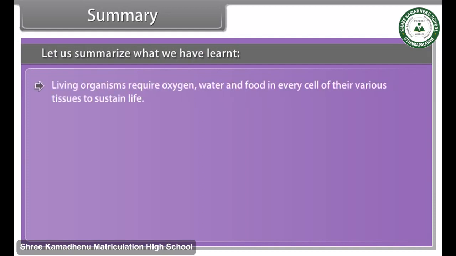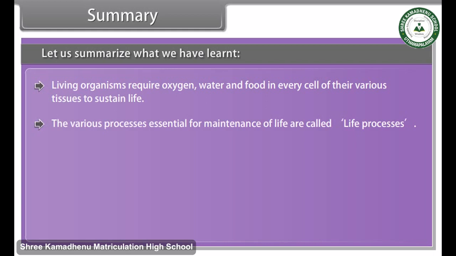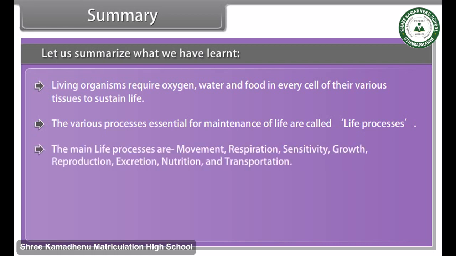Living organisms require oxygen, water, and food in every cell of their various tissues to sustain life. The various processes essential for maintenance of life are called life processes. The main life processes are movement, respiration, sensitivity, growth, reproduction, excretion, nutrition, and transportation.